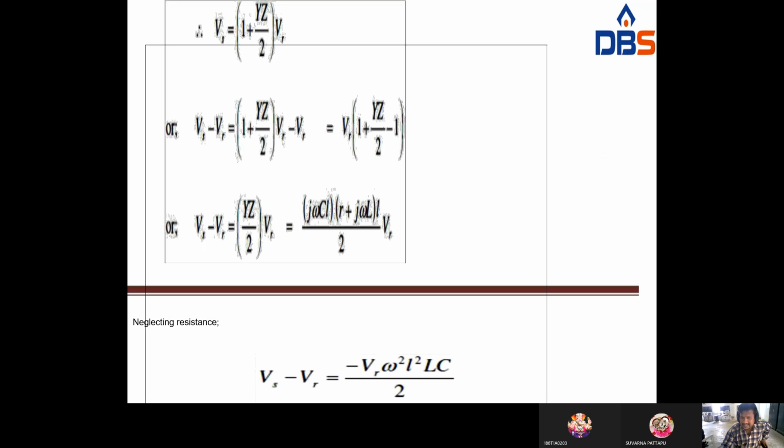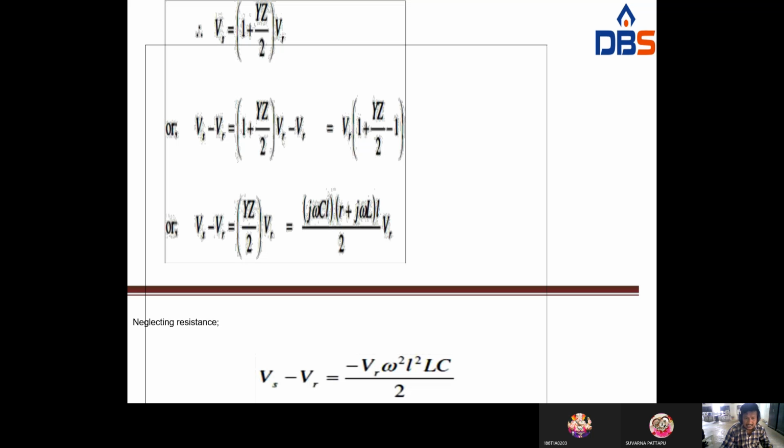Now the equation becomes Vs is equal to (1 plus YZ by 2) Vr, right? Now subtracting Vr from Vs, we subtract Vr on both sides of this equation.